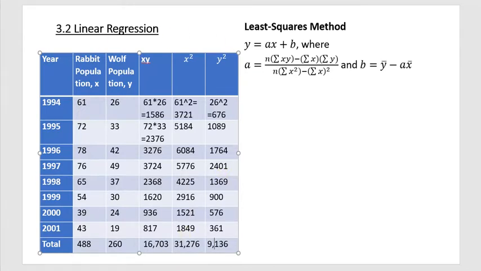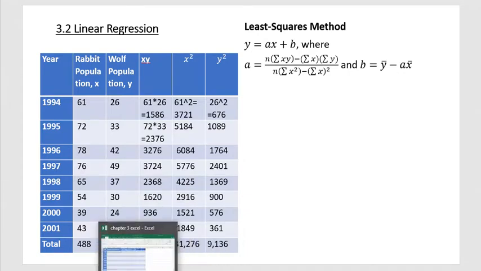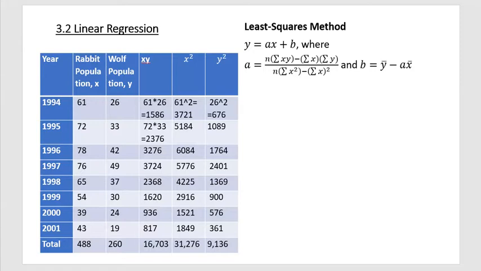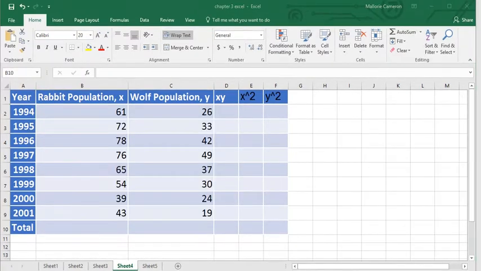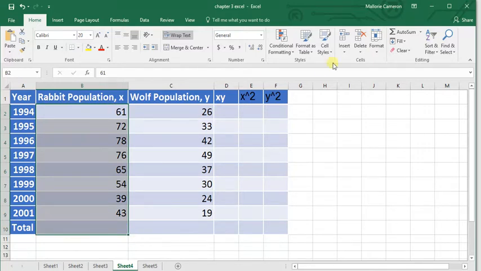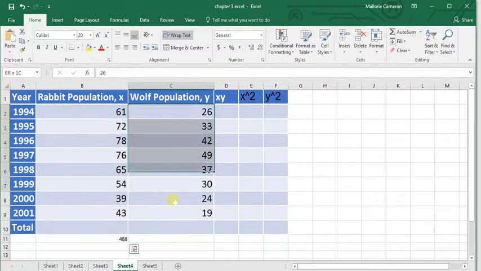I always check these numbers with the numbers from the Excel spreadsheet. So if we want to, let's go to the Excel spreadsheet right now. Okay, I would total these, make sure that they add to 488, and total these to 260.